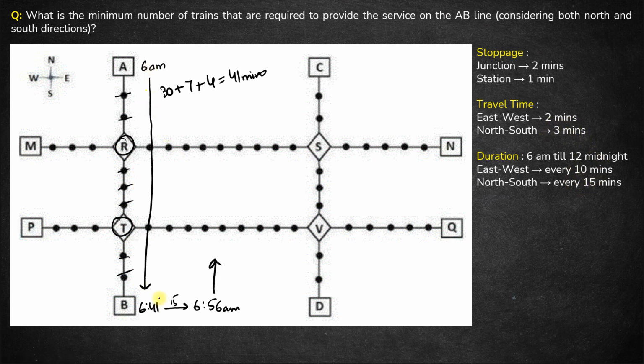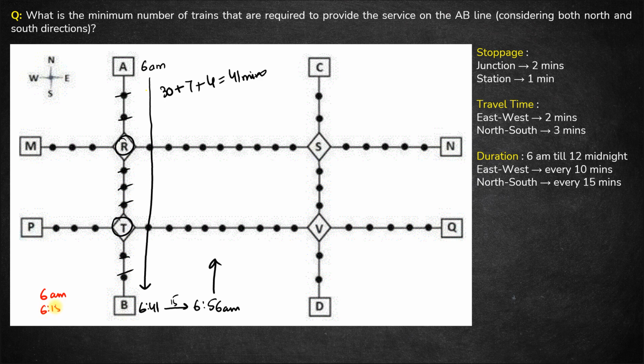So after every 15 minutes there would be a train coming from A, and that train will wait for 15 minutes and then again start its journey towards B. But before that, at 6 a.m. there is also a train that has to depart from B, right? So at 6 a.m. there has to be a new train to be used from B.